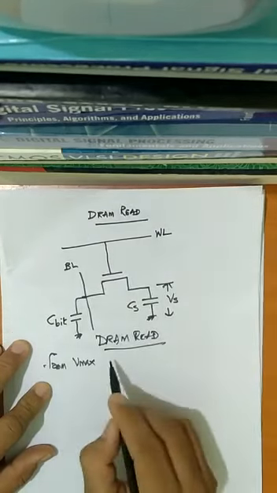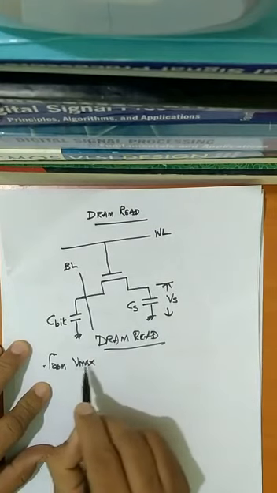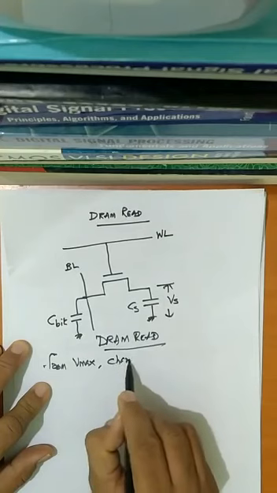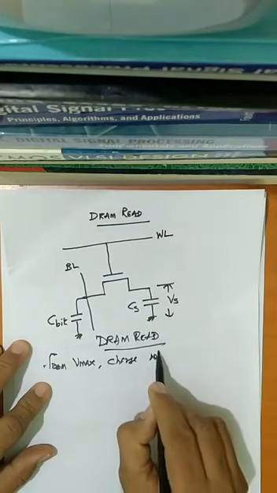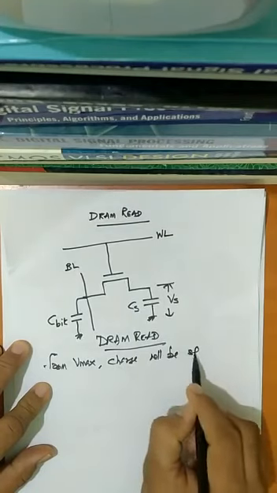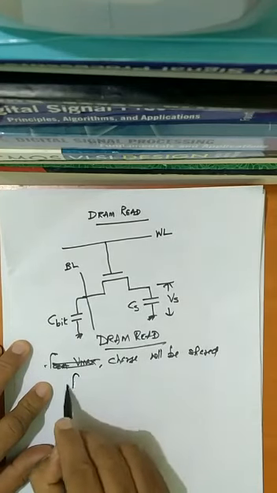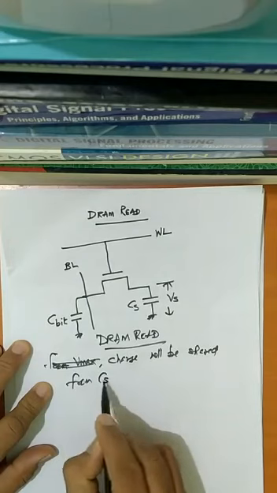From Vmax, charge will be transported and shared from Cs to C bit.